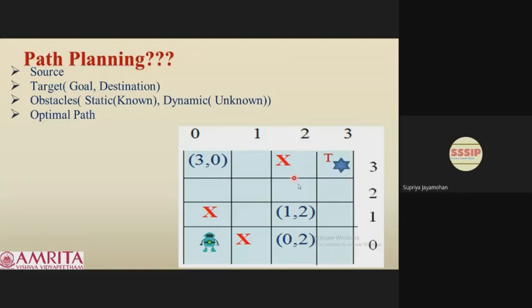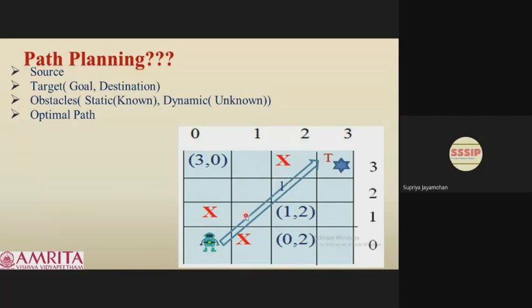And if you see the starting point of the robot, this is going to be the starting point, and the starting point is generally represented as 0, 0. The target is going to be mentioned here as a star point, and our major aim would be the optimal path.